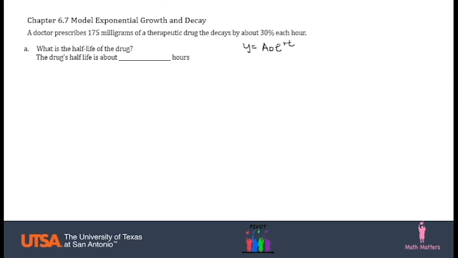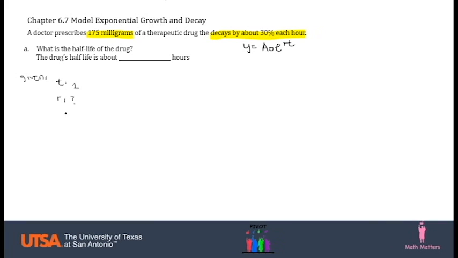Let's look at the important numbers in this question. So we have the initial, which is 175 milligrams, and then that decays about 30% each hour. So we're given that the time is going to be 1 for each hour, and then the rate is what we're trying to find in order to find half-life.